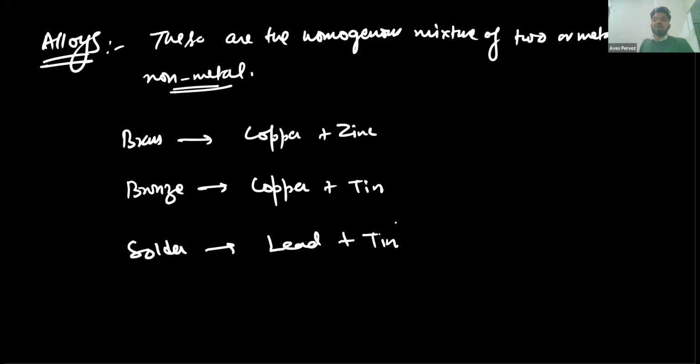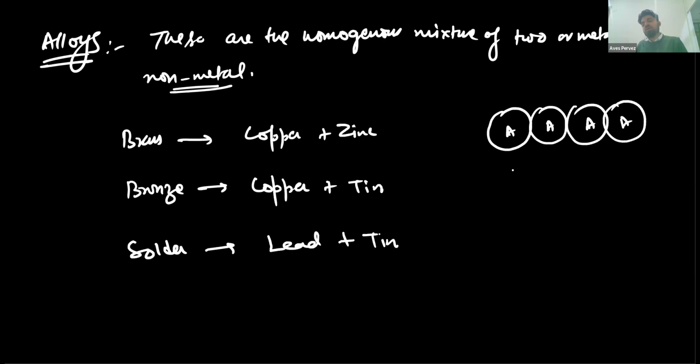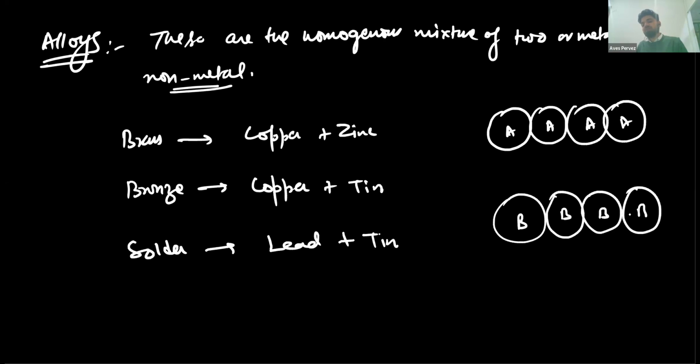So why are we making alloys? We make alloys for different purposes. For example, suppose we have A type of atoms, and another metal that has B type of atoms. We have checked their properties and found that they like each other very much.